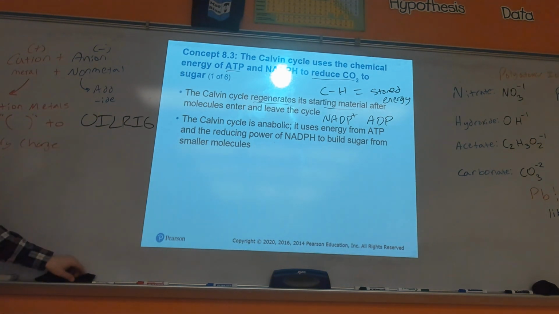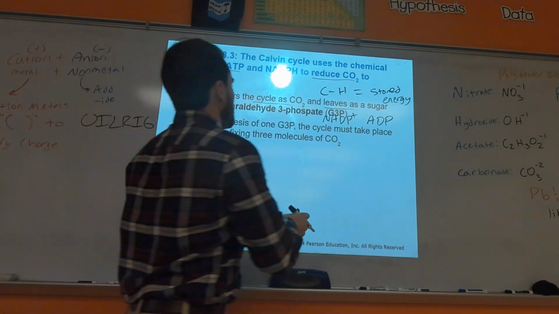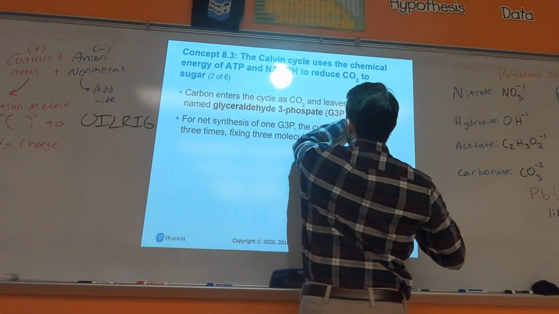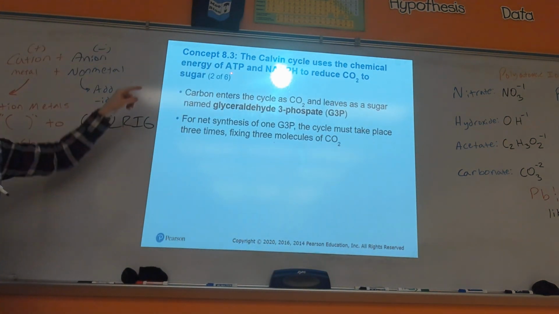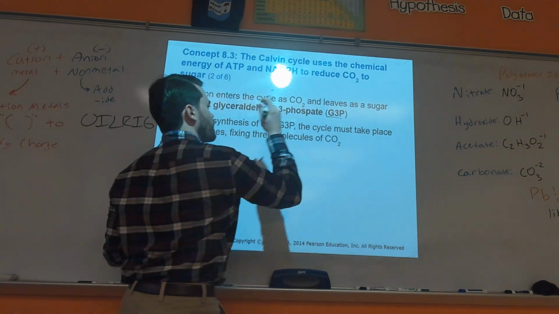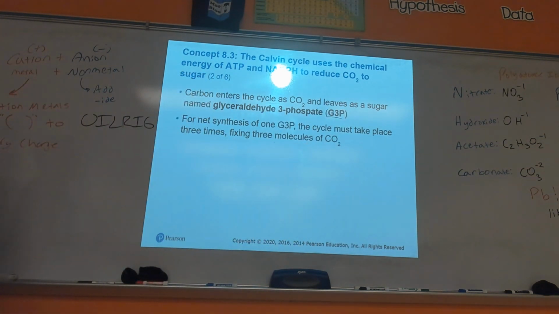Okay? All right. So yeah, CO2 is going to enter that Calvin cycle. We're going to use the energy stored in ATP and NADPH to build our sugar. And specifically, that sugar that directly comes from the Calvin cycle is glyceraldehyde 3-phosphate, G3P. Okay?